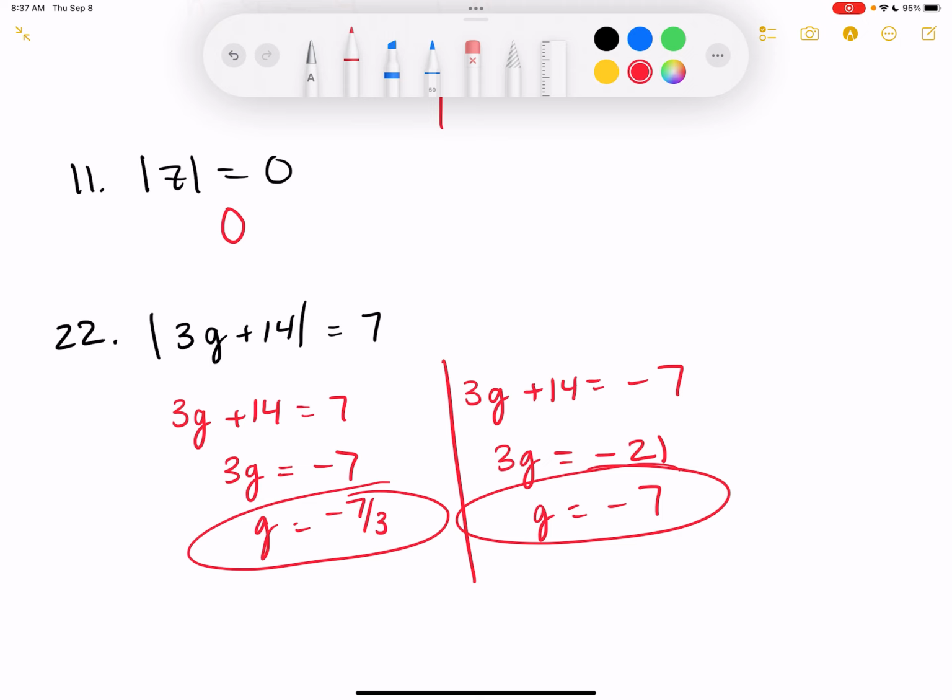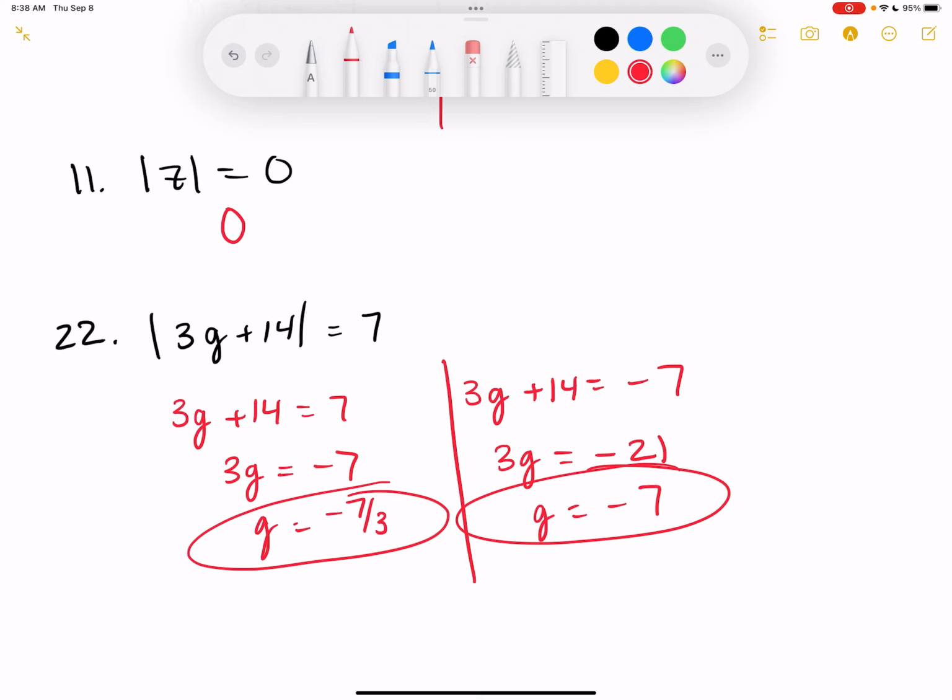This can sometimes happen with absolute value inequalities, but we're going to see it with equalities first, because if you have x values inside and outside, sometimes a value will tell you that it works, but when you actually go back and plug it in, it doesn't.